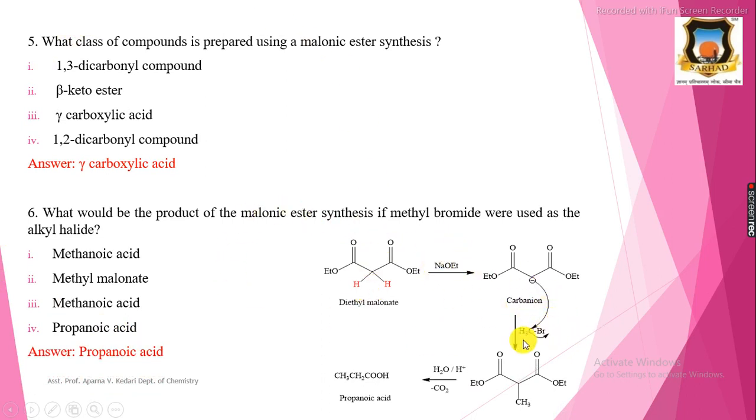This carbanion attacks this methyl bromide. Then this product will form. This mono alkylated product undergoes hydrolysis. Then both these ester groups hydrolyze to COOH group and one of these carboxyl groups is decarboxylated and gives propanoic acid. Therefore, the correct answer is propanoic acid.